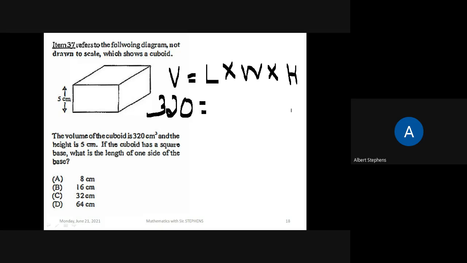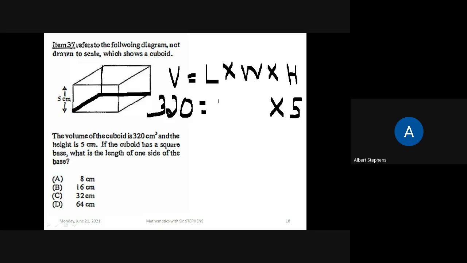And the height is 5. It says the cuboid has a square base, so in other words, the base is square. Now, if the base is square, it means all these values at the bottom have to be the same. So they're asking us what is the length of one of the sides.